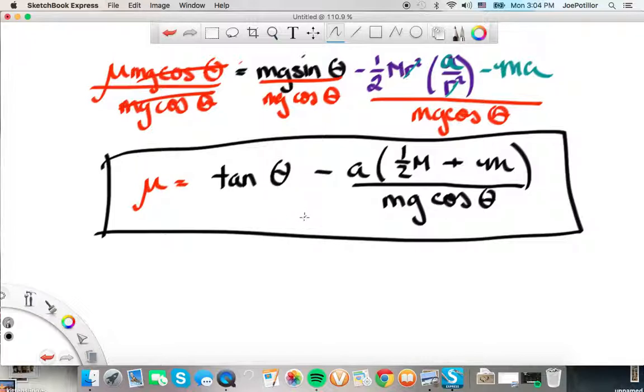So tangent of 30 degrees, I can already tell you what that is without looking at it. Tangent of 30 degrees is square root 3 over 3.